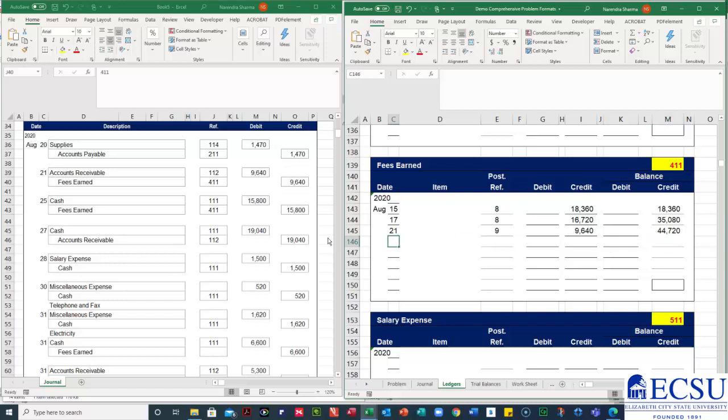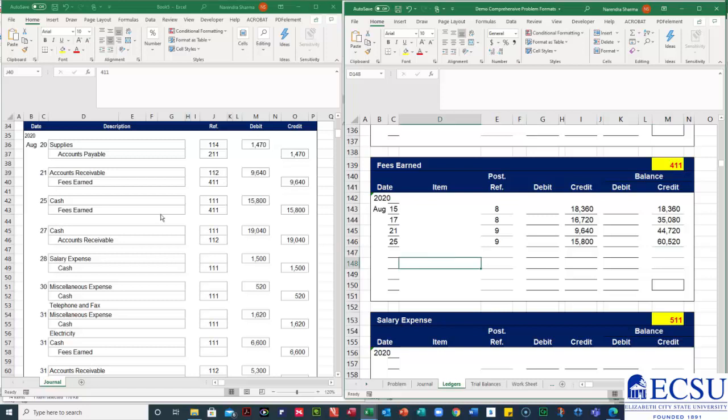So that will become 44,720. There was another fees on the 25th, coming out of page 9 of the journal. Again, it was a credit of 15,800. So my balance will go up by that amount, so that will be 60,520.